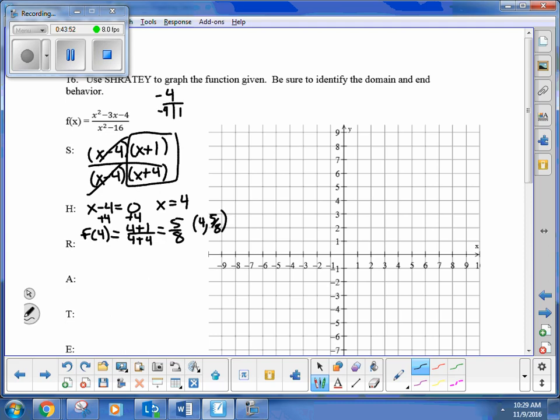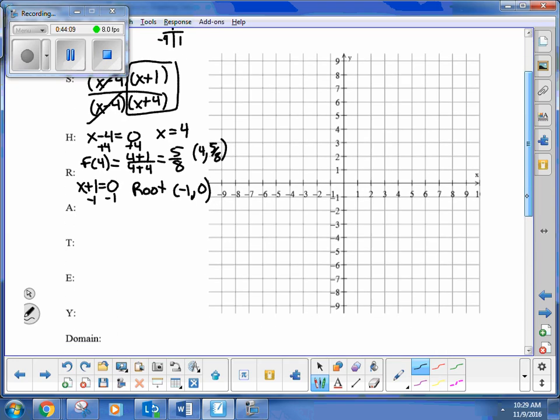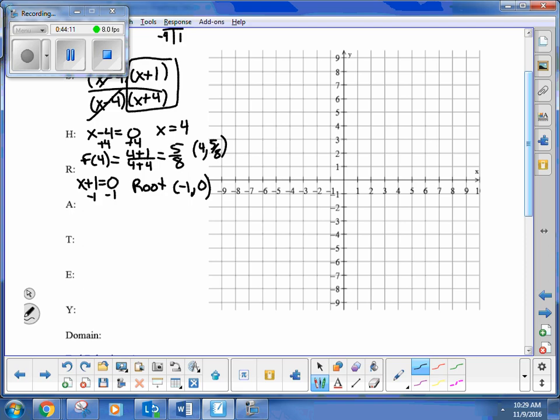Now, as far as the roots, they just come from the actual numerator. So we're going to take x plus 1, set that equal to 0. So we're here going to have a root, be -1 at (-1, 0). Vertical asymptotes, those are the ones that come from the denominator. So we're going to do x plus 4 equal to 0.